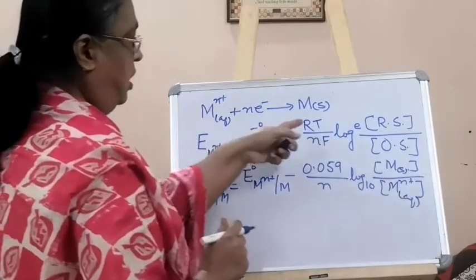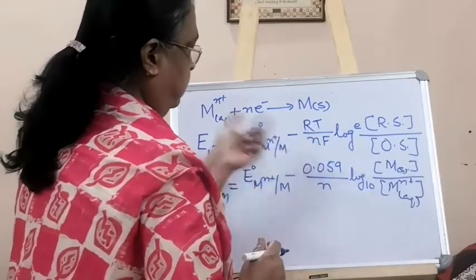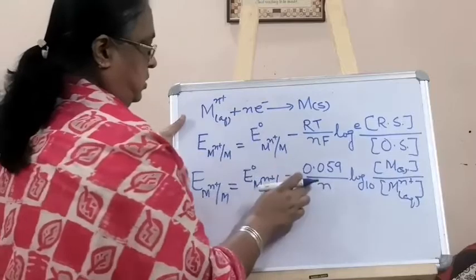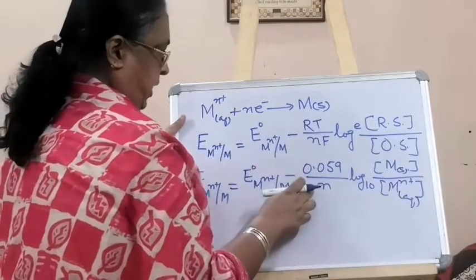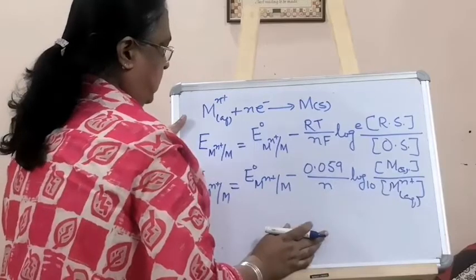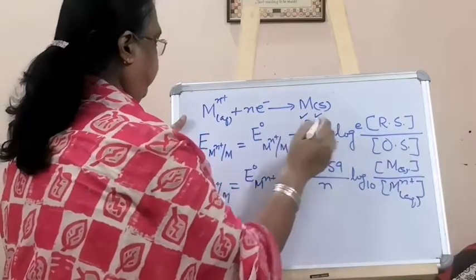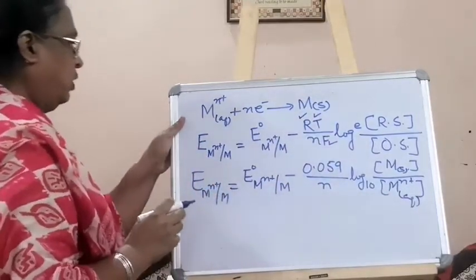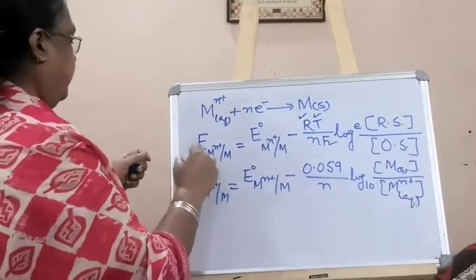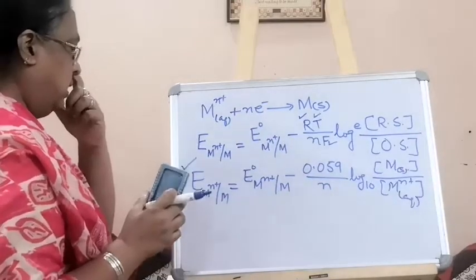If T is not 298, you will have to put the values of R, T and F individually. This formula is the simplified form of the Nernst equation.